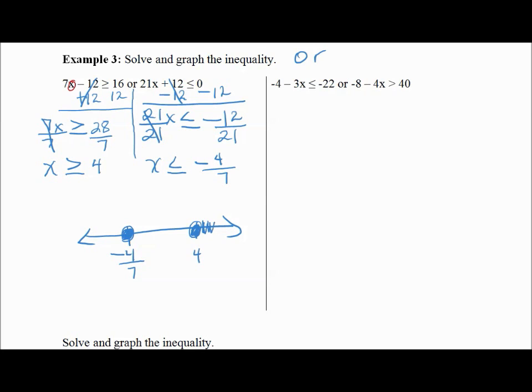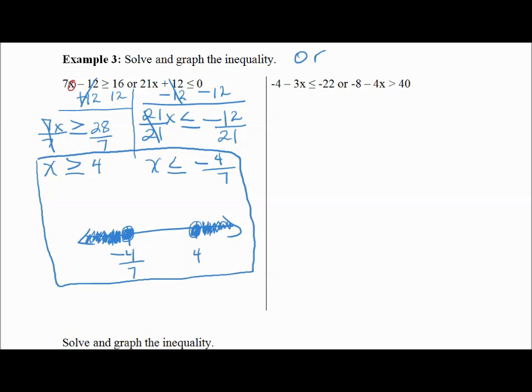Anything greater than 4 is to the right on the number line. And the second one says I want x's less than or equal to negative 4/7. Anything less than that would be to the left. So that's what my graph would look like. This was what my notation would look like, and the graph.